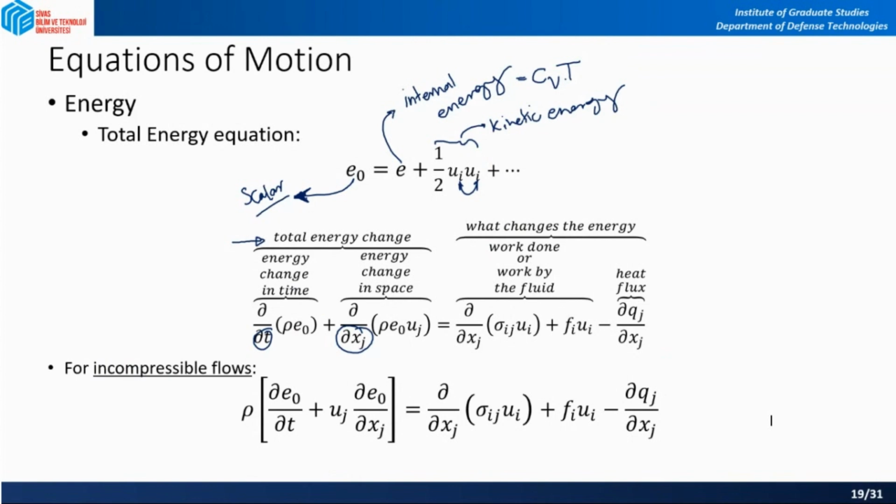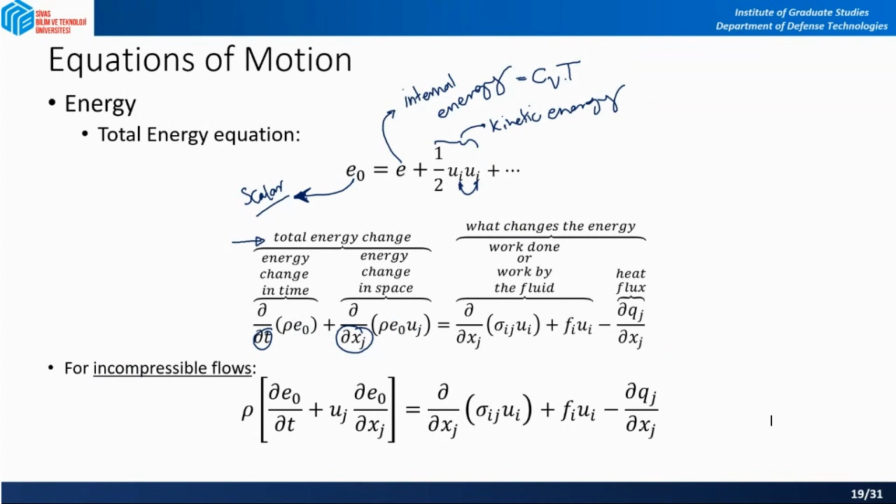So what we are using is rho times the total energy. The thing that is changing is rho times the total energy. It means that the total energy of a specific amount or mass that we have. If you remember in the momentum equation, you had rho ui that was changing and uj was multiplied by that. So in here you have rho e0 that is multiplied by uj.